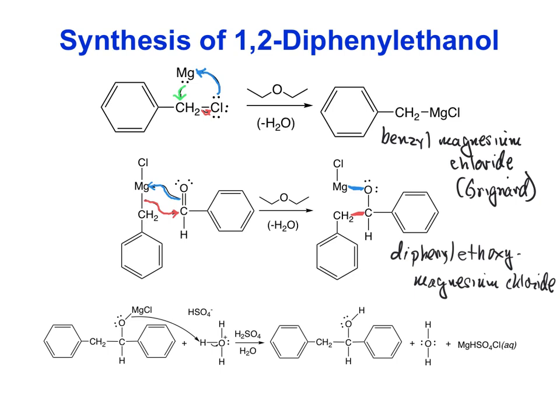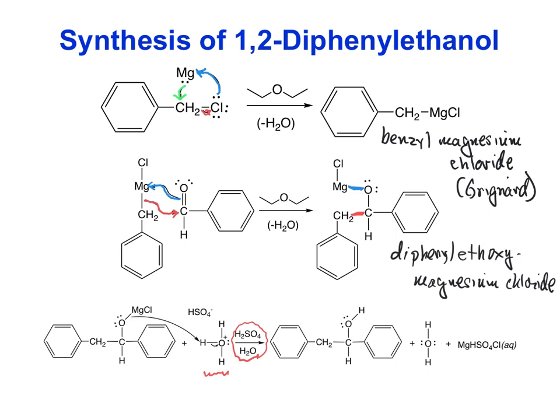Once that reaction is done, we no longer have to be concerned about water because we're going to want to displace that magnesium anyway. So we will add aqueous acid. And we know that in aqueous acid, the hydronium ion becomes our strongest available acid in most cases, in an aqueous solution of a strong acid.